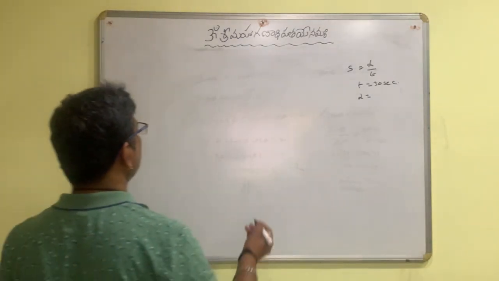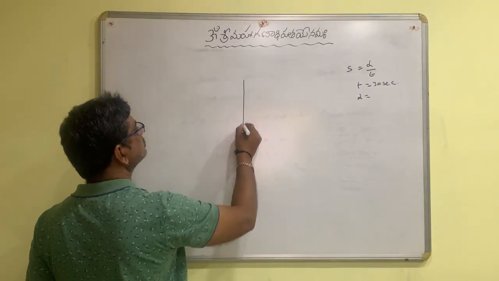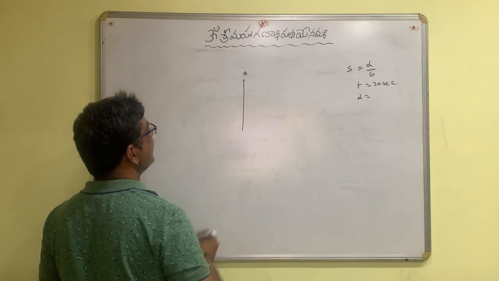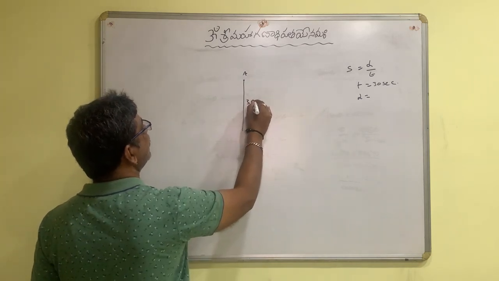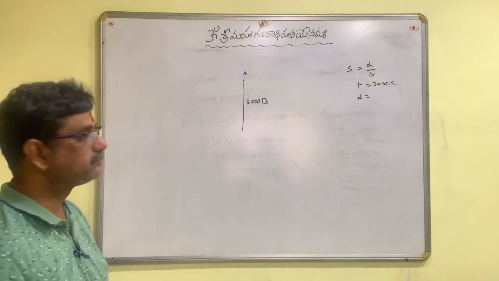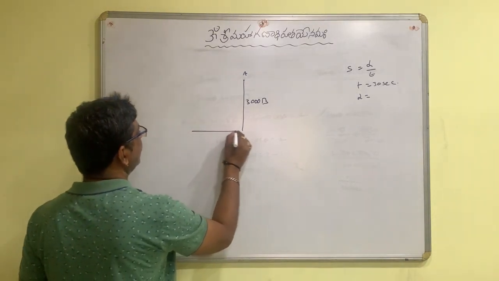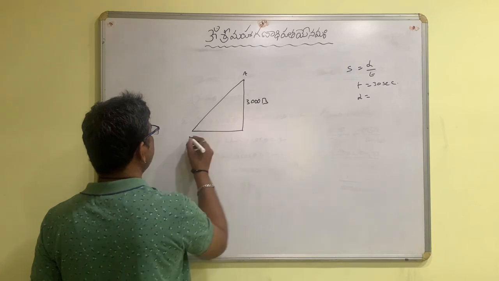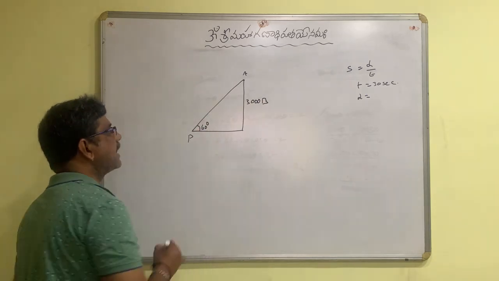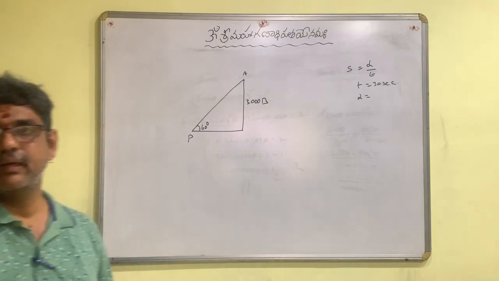So, if you observe the figure, initially the aeroplane is at A, which is at a height of 3000√3 meters from the ground, and from P, the point of observation, the elevation is 60 degrees. Okay na?